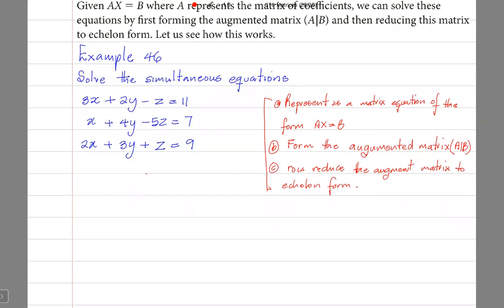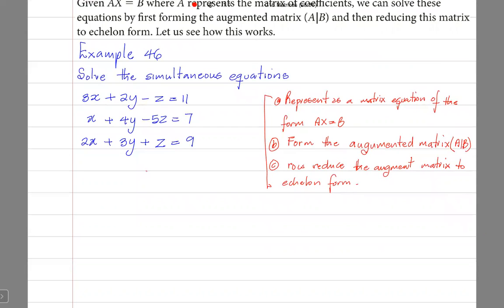Let's represent our information as a matrix equation of the form AX is equal to B. So we have 3, 1, 2, 2, 4, 3, minus 1, minus 5, 1.